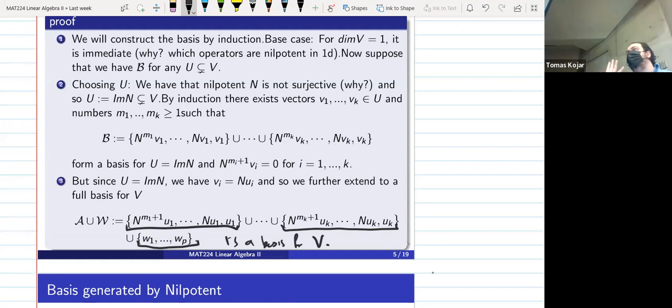You want 5. Suppose they're already orthonormal. How do you get 5? Cross product?